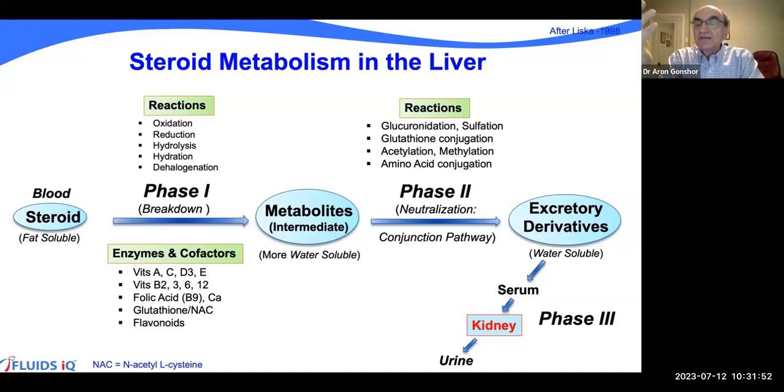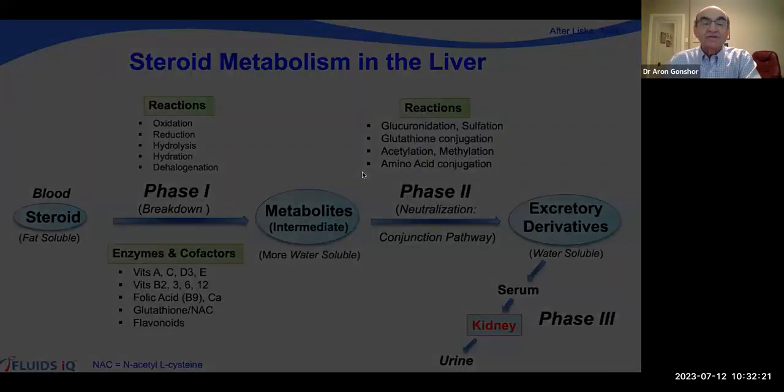That's going to lead to water-soluble derivatives, which get excreted, first into the serum, then into the kidneys, which some people call phase 3, and the kidneys do their magic, which allows you in the urine to look at both the primary hormones and those metabolites, the breakdown products, which were broken down in the liver.